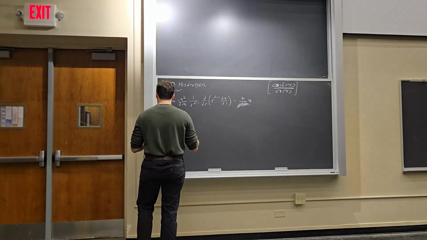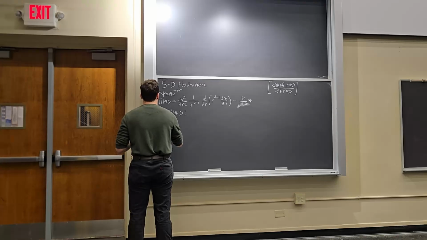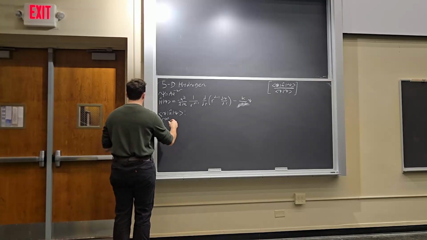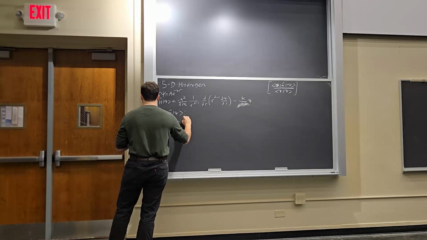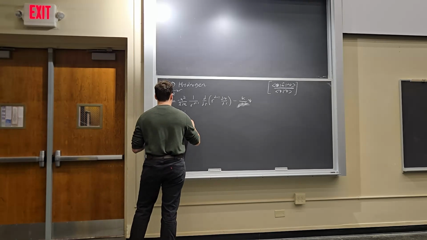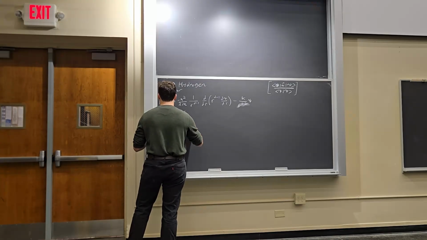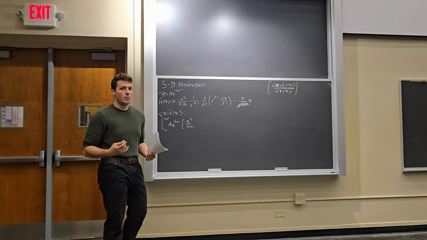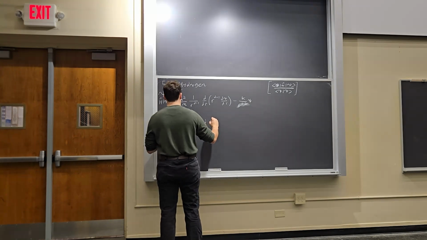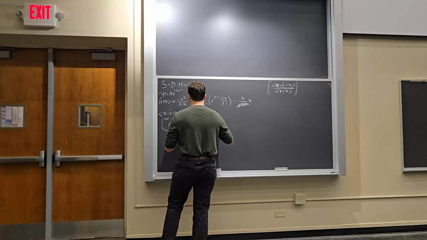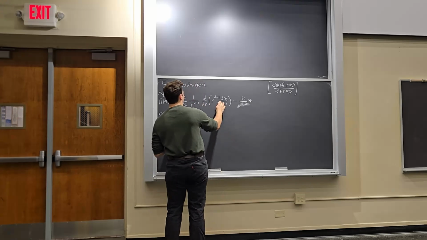So we start here. This integral is equal to the following. We're integrating from 0 to infinity out in this hydrogen shell. We have our wave function, applied to the Hamiltonian, which we know is up here. And in this case, I'm just going to go ahead and throw in our v, or dimensionality, which is 5 in this case. So we're going to end up getting 1 over r to the 4th times the derivative of, in this case, r to the 4th times the derivative of our wave function.